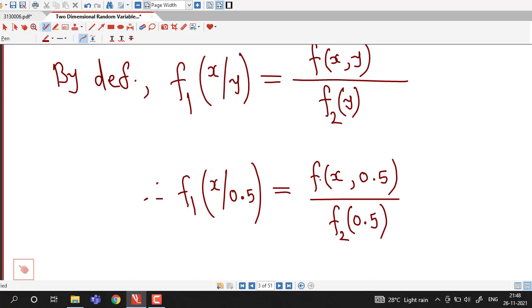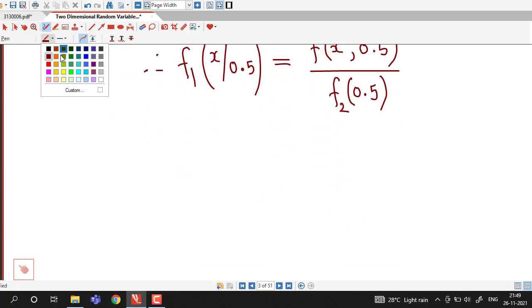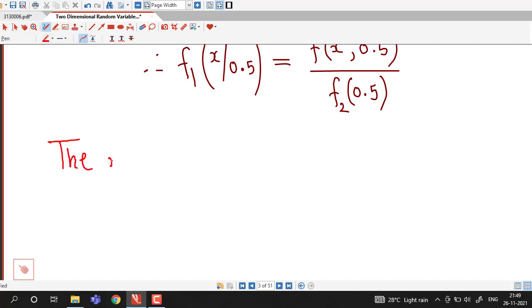So we are already having joint density. So this we can obtain from joint density by taking y equal to 0.5. So we first have to decide marginal density of second random variable y. So first we find out marginal density of second random variable, that is y.